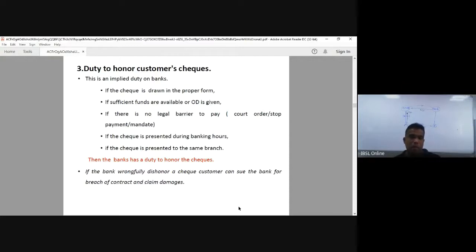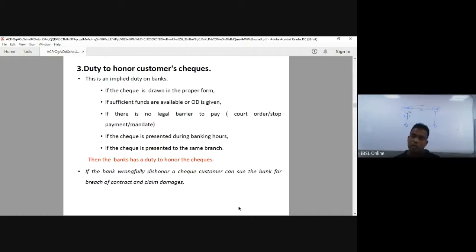Number two, if sufficient funds are available or if an overdraft is given. After checking all the features of the check, if you are satisfied that the check is proper, the next thing you have to see is whether sufficient funds are available in the account to pay. If sufficient funds are not available, you have to see whether the bank has granted him an overdraft limit.